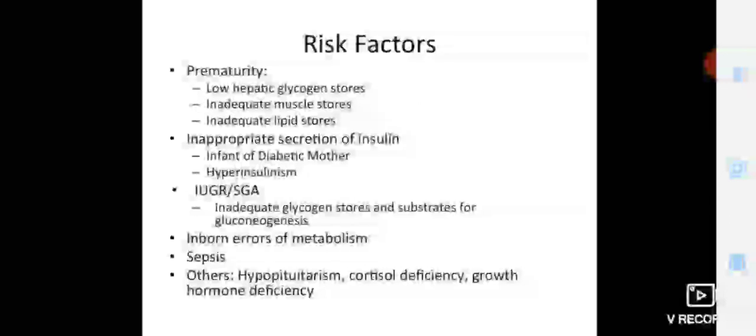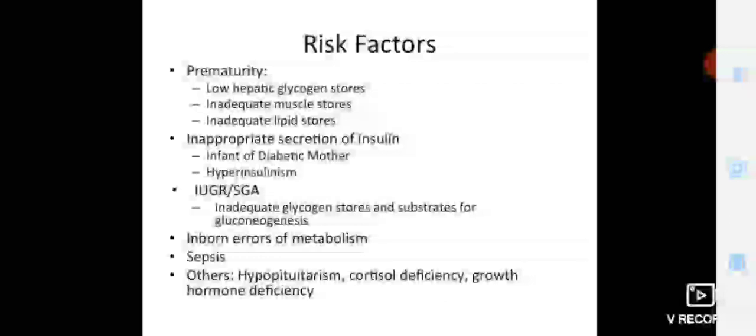Prematurity is a large risk factor for having hypoglycemia. Low hepatic glycogen stores, inadequate muscle stores, and inadequate lipid stores are all reasons why hypoglycemia frequently occurs in premature infants. Infants of diabetic mothers who have hyperinsulinism have inappropriate secretion of insulin, which puts them at risk as well.